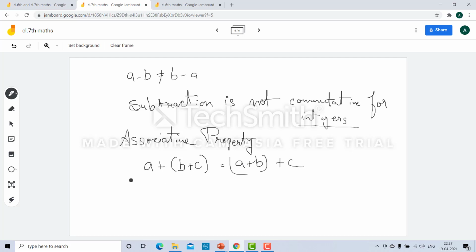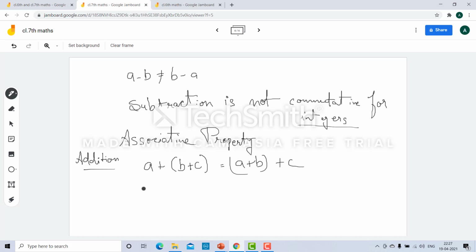That means when three integers are supposed to be added, we are discussing it for the addition operation, they can be added in any format. Either A plus the sum of B and C, or A plus B added together and C added separately. We are going to get the same result for both of these.